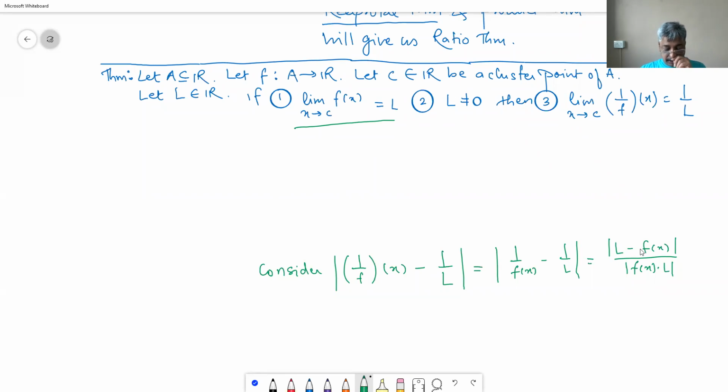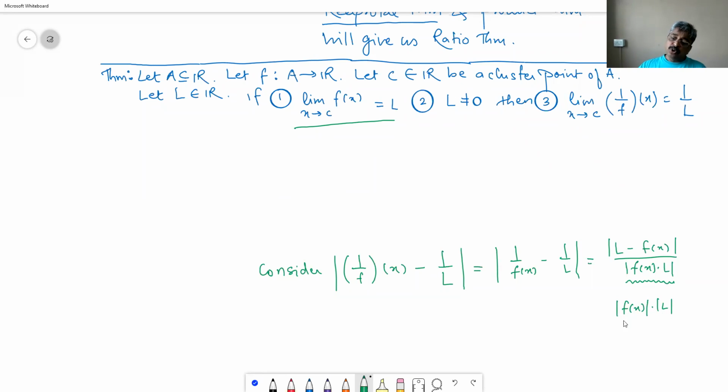That is acceptable to us. But then we need to take care of the denominator, which is the absolute value of f of x into the absolute value of L, where the absolute value of L is a constant and therefore we don't have any issue with it.